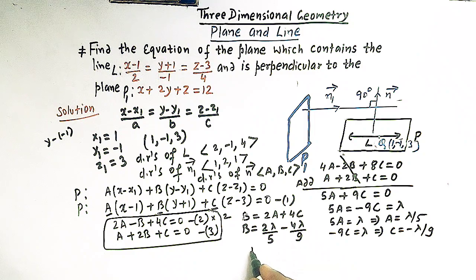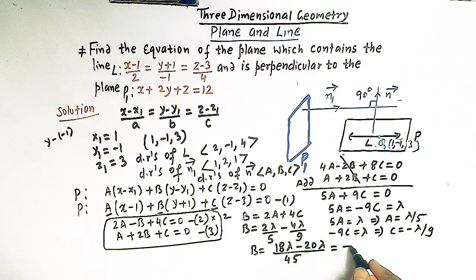Let us solve this expression. Taking the LCM, we have 45, then we have 18 lambda minus 20 lambda, and this is equal to minus 2 lambda over 45.